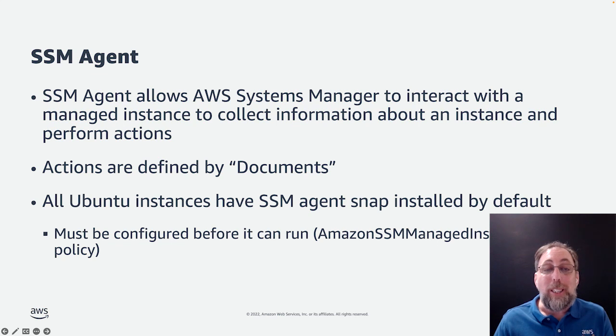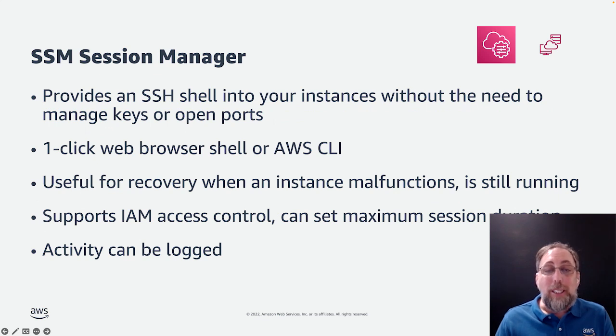You'll need to create an IAM service role for EC2 and attach the AmazonSSMManagedInstanceCore policy to that role, and then attach that role to your EC2 instance, and then the SSM agent will start. And there's some extra steps here that the reason for that will become clear momentarily. That is how you enable the SSM agent on your Ubuntu instance. And you could do that programmatically too, as well as part of your CloudFormation scripts or other deployment tools that you use.